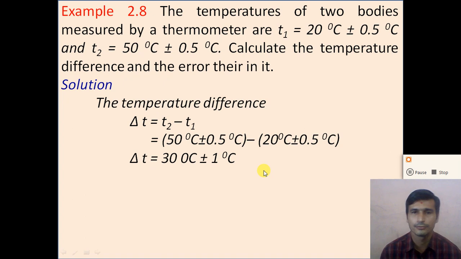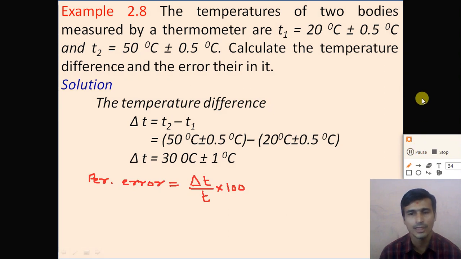Now further, this question may be asked like this: what will be the percentage error in the temperature difference? So how can we calculate the percentage error in this temperature difference? What is the formula of the percentage error? The percentage error is the ratio of the average absolute error to the true value, multiplied by 100.